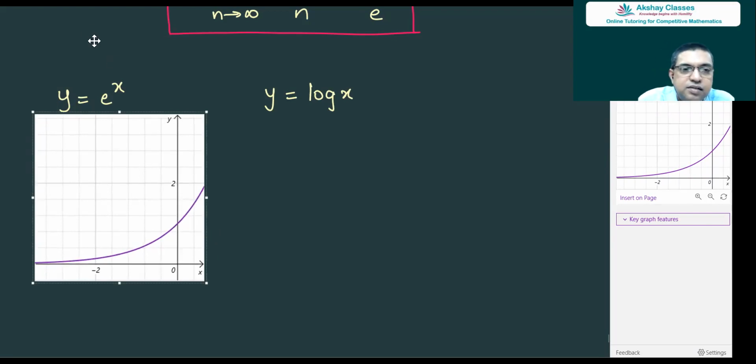Now let us draw the graph of log x also.